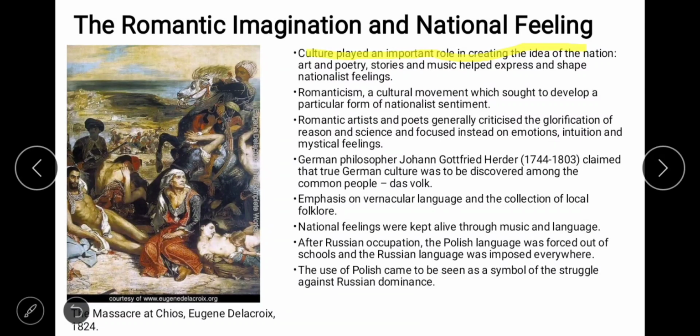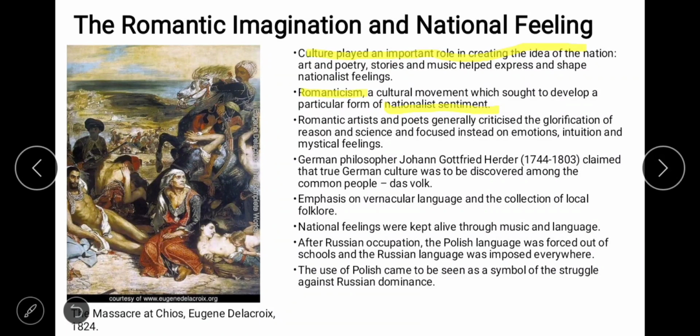One such form was Romanticism, not the romanticism we see in media nowadays. It was a cultural movement which sought to develop a particular form of nationalist sentiment.